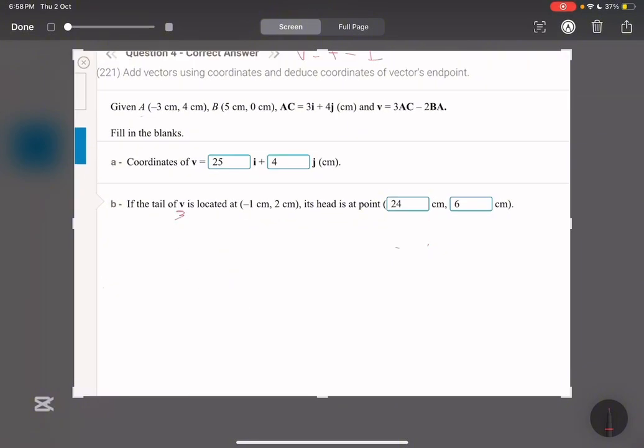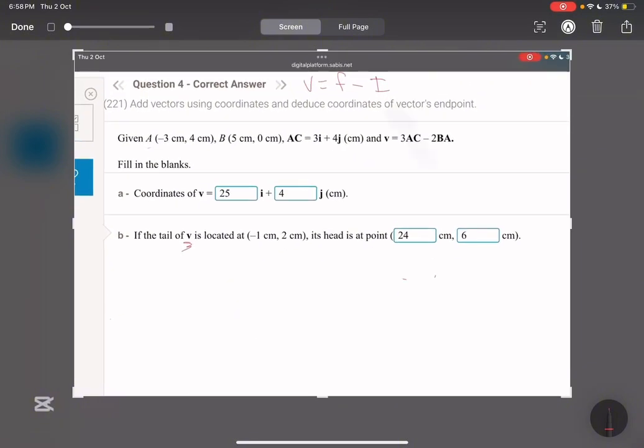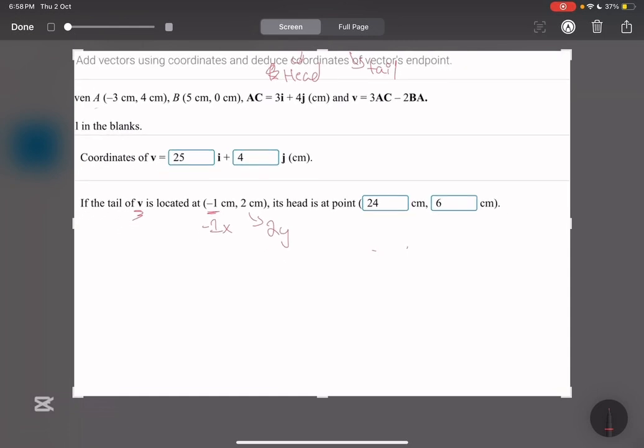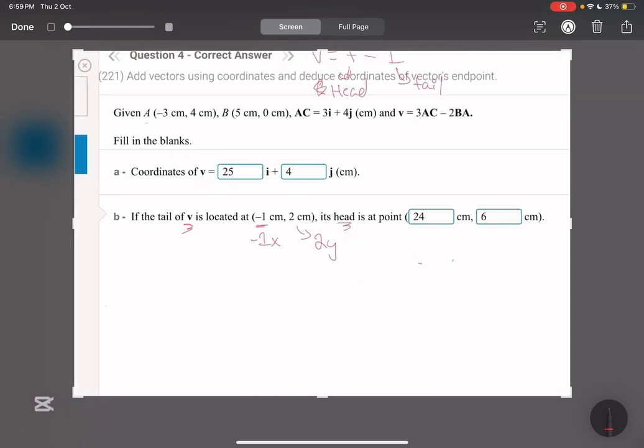Now they're saying the tail of v. We said that the tail is the initial, okay, and the final is the head. So the tail is located at -1 x and 2 y. So they want the head. They basically gave us the initial and they want the final, and we have the total.